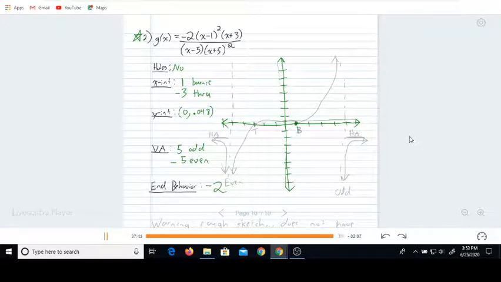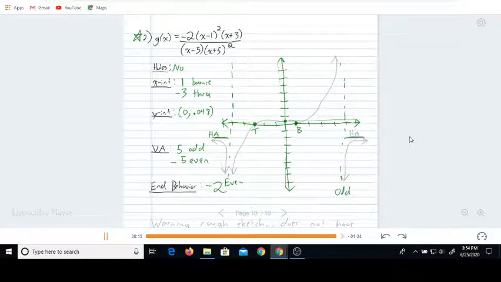At -3, it's going to go through. There's our y-intercept, barely positive. Vertical asymptote at 5 and -5. At -5, it's even multiplicity. At +5, it's odd multiplicity, and then we have our end behavior is -2. So here's our horizontal asymptote there and there.